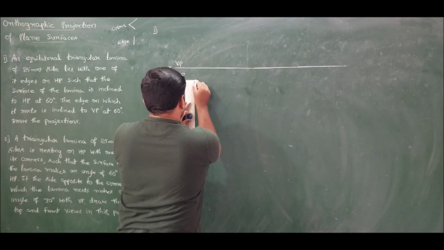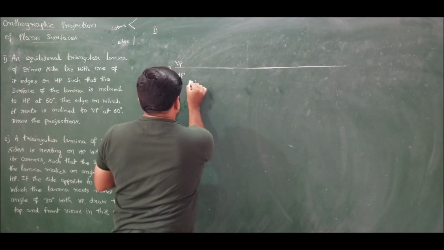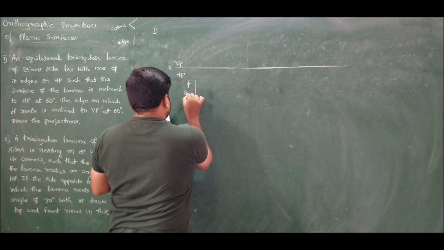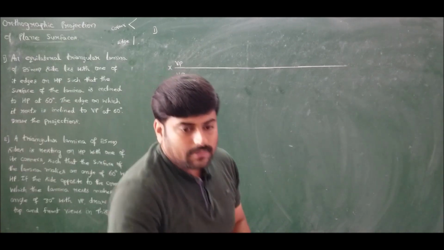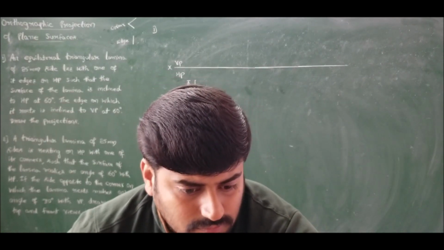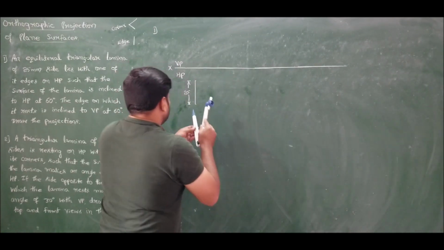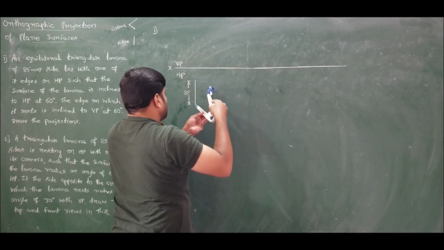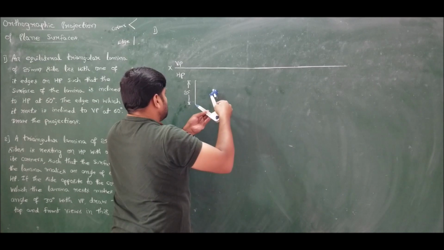So I mark 25. Now using the compass I will construct this equilateral triangle of 25 mm sides. Use the compass and cut arcs. So this is 25. Now construct the equilateral triangle.